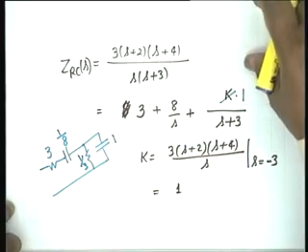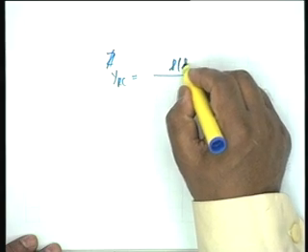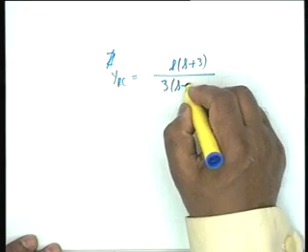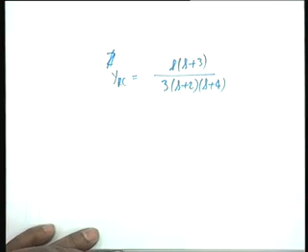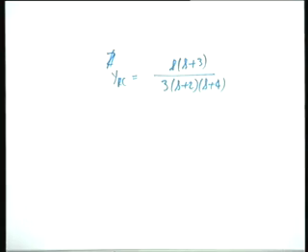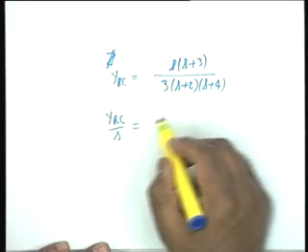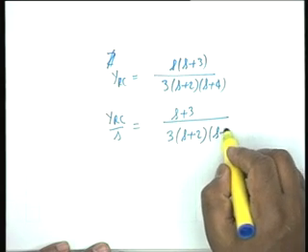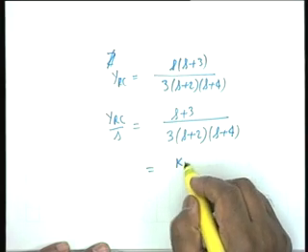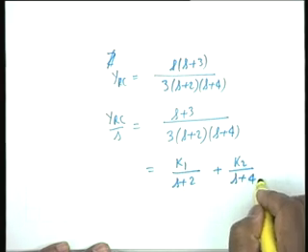We could do this by Foster 2 also. If we do it by Foster 2, then we take YRC. YRC is S into (S plus 3) divided by 3 times (S plus 2)(S plus 4), and there comes a problem. We do not expand YRC, we expand YRC by S. Therefore, this is (S plus 3) divided by 3(S plus 2)(S plus 4), and I expand this as K1 divided by S plus 2 plus K2 divided by S plus 4.